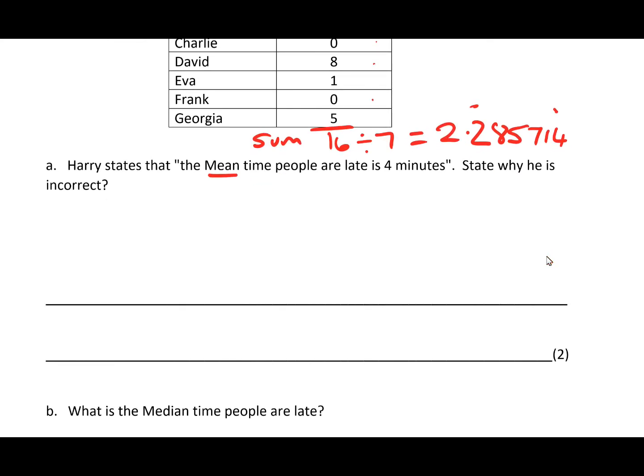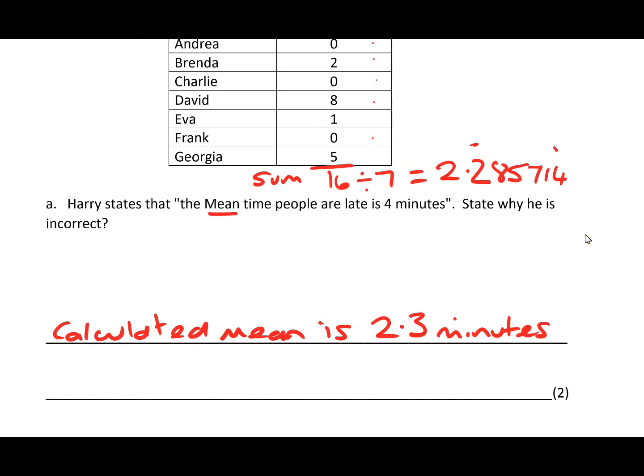So state why he's incorrect, because the calculated mean is, we can round it if we want to, 2.3 minutes. And if you wanted to, you could almost guess that he's actually divided the 16 by 1, 2, 3, 4, because 16 divided by 4 gave him his 4.